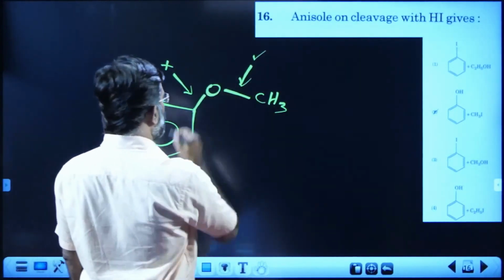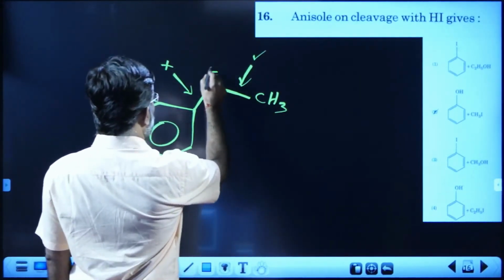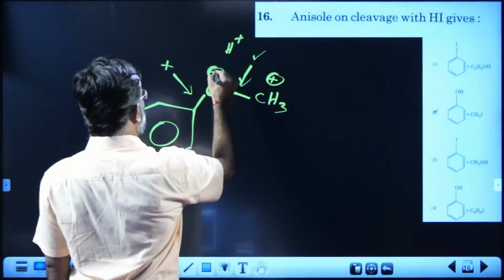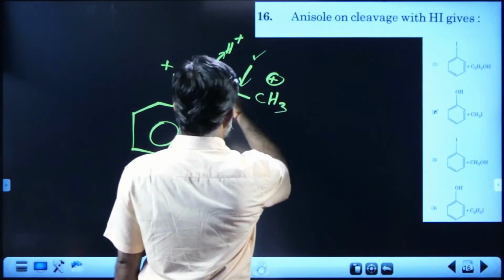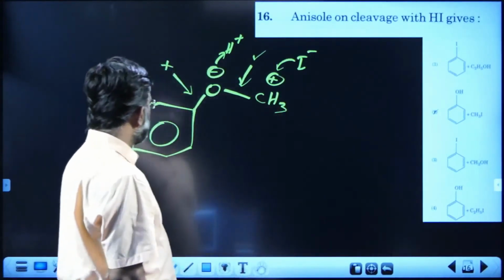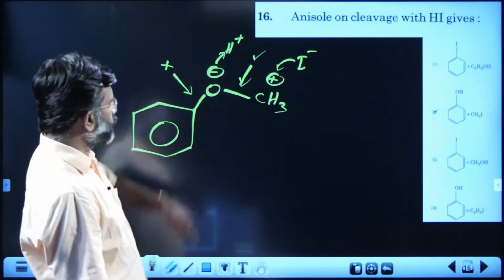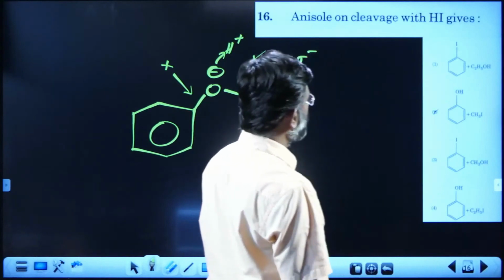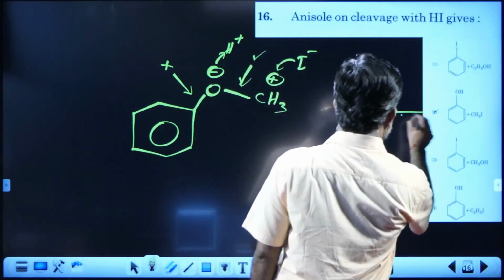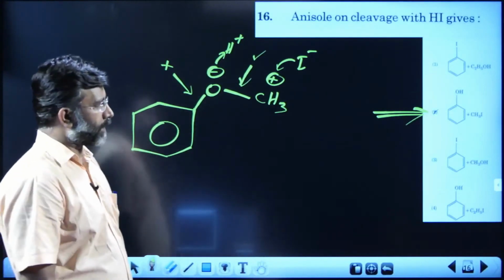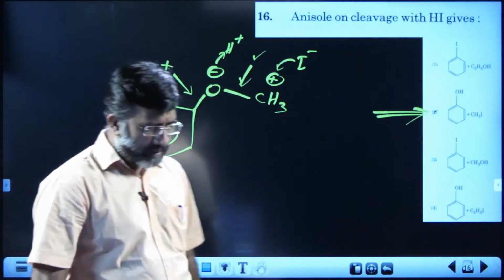When it breaks over here, you get a minus here and a plus here, and H plus will be available on this position and I minus will be coming at this position. That means you are going to get phenol and CH3I. Second choice will come as the correct answer, phenol and CH3I.